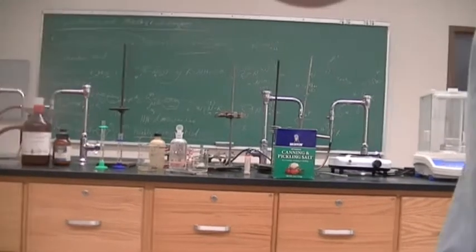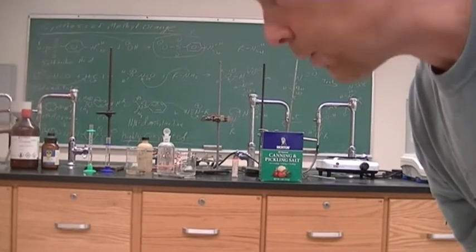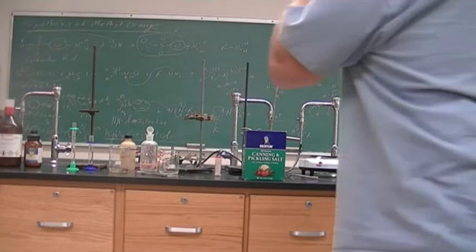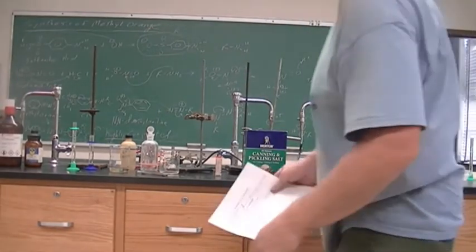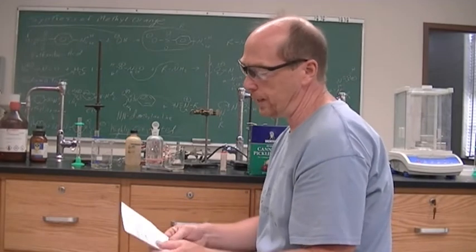All right, so let's go make some methyl orange. I have in my 2 beakers, in this beaker, 2.32 grams of sulfanilic acid, 20 mL of deionized water, and 4 mL of 6 molar NaOH.